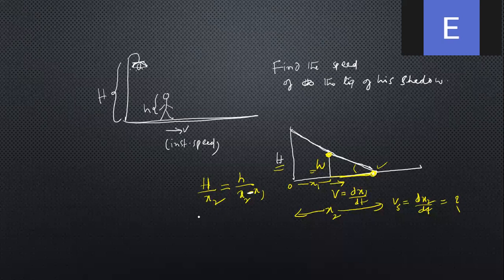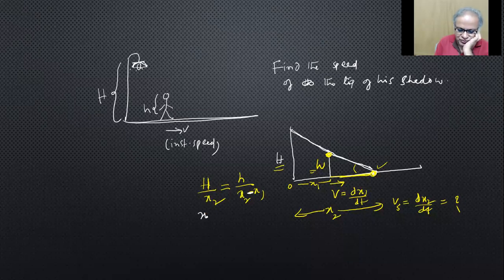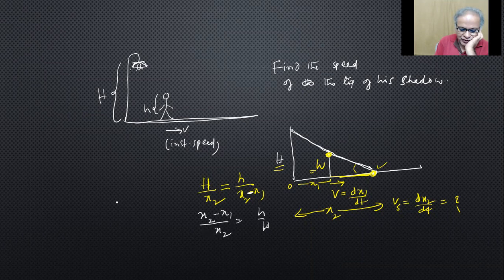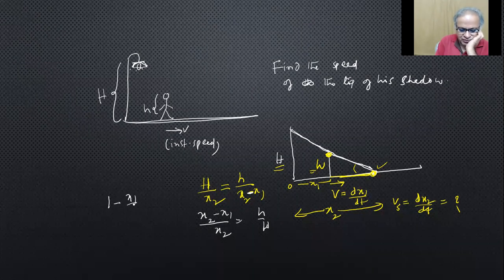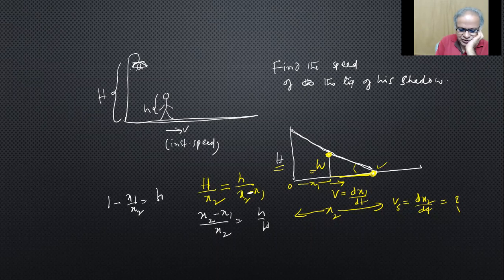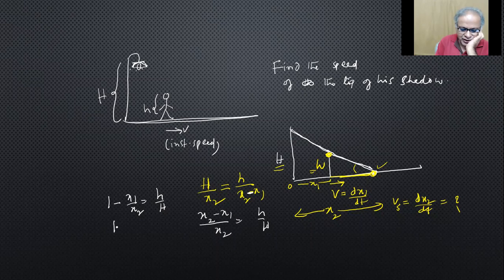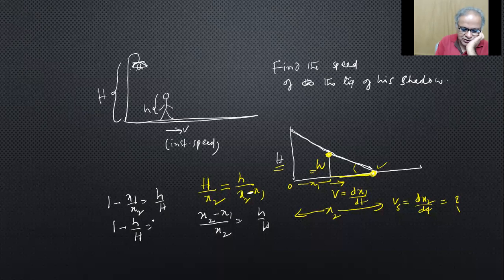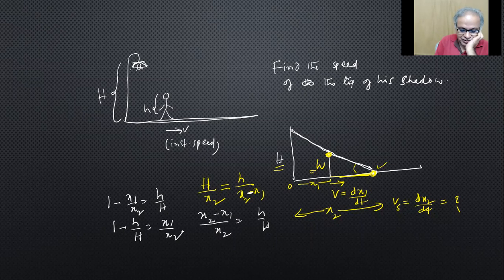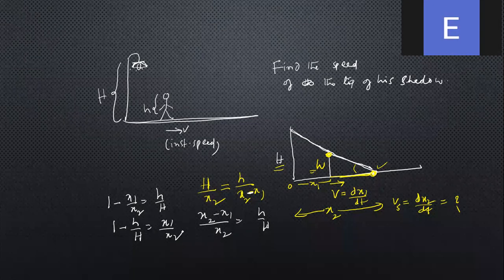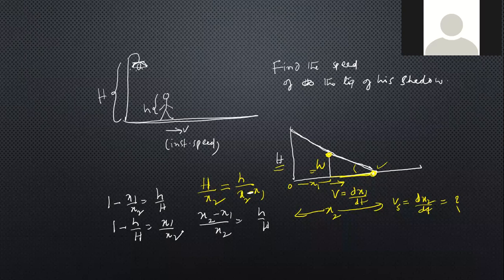Whichever way you would like to write: x2 minus x1 by x2 equals h by H. So 1 minus x1 by x2 equals H minus h by H. Then 1 minus h by H is x1 by x2.